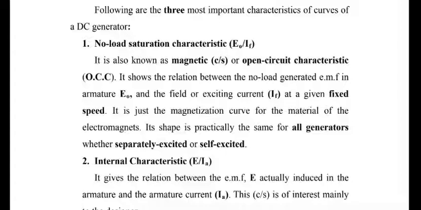That is called saturation. So the value of field current at which the increase in field current stops having serious effect on the voltage is what is captured in the no load saturation characteristic of the generator. And it is probably going to be studied for all kinds of machines, whether they are separately excited or self-excited.